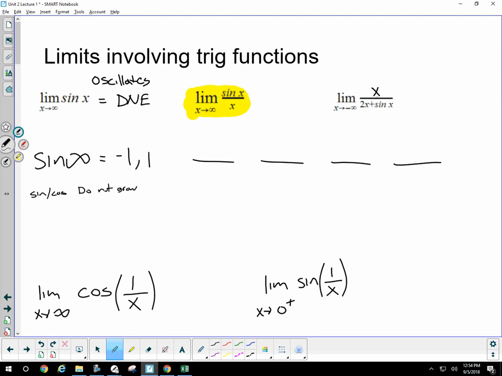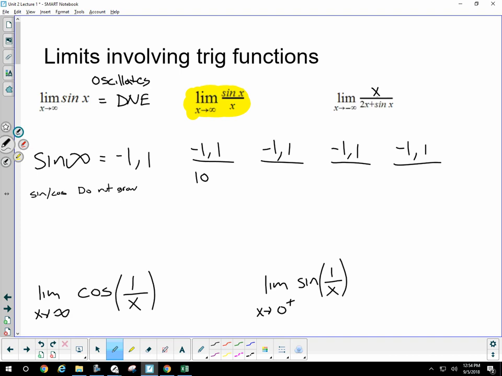Here's an easy way to think about it. Let's start plugging in values into sine x over x. Well, in the numerator, I know it's at least -1, at most 1. So this is what's going to be the numerator no matter what I plug in for x.